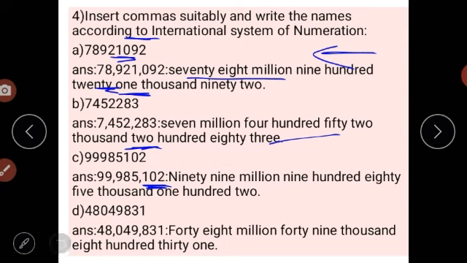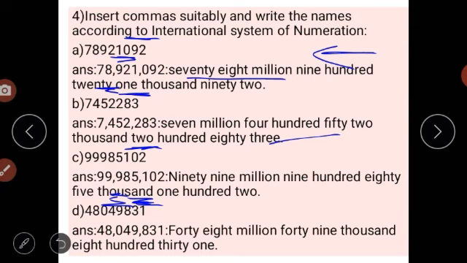Next, what is the last number here? 4849831. So what are the last 3 digits we have from the right side? 831. After that we will place a comma. After that, what next 3 digits do we have? 849.